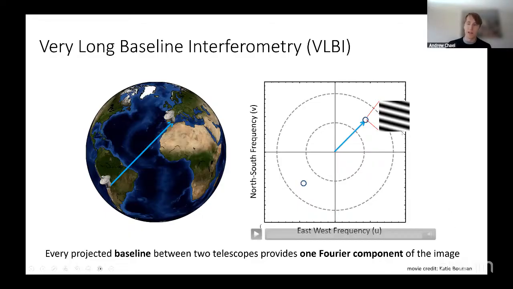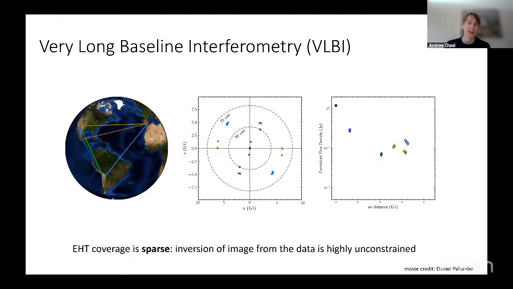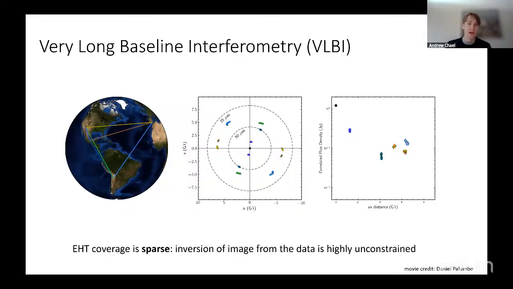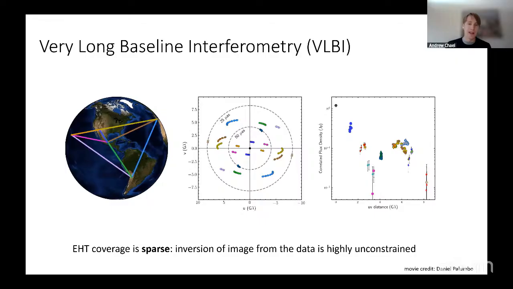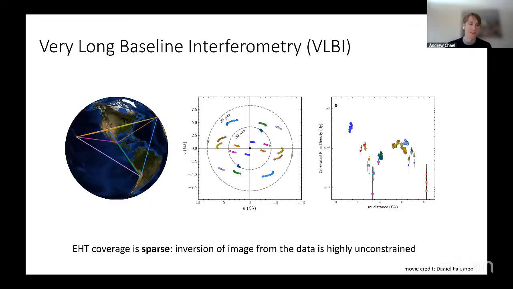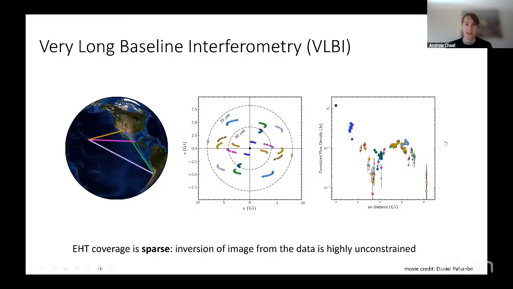So it's giving us one plane wave in the Fourier decomposition of the image. If we had infinite telescopes covering the entire Earth, we would measure all these components, and we'd be able to simply invert the Fourier transform and obtain an image. But because we only have certain telescopes and therefore only certain spacings between them, we only fill in a small fraction of this larger plane.